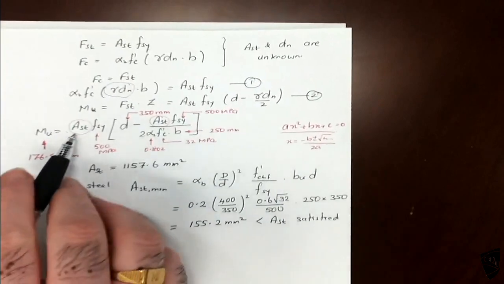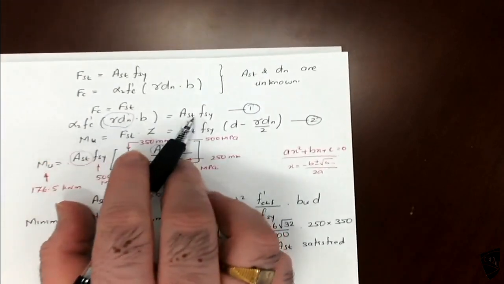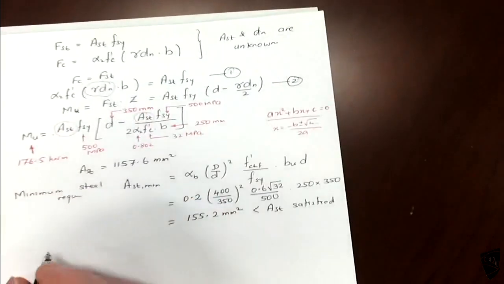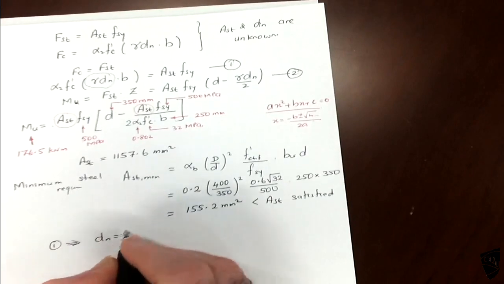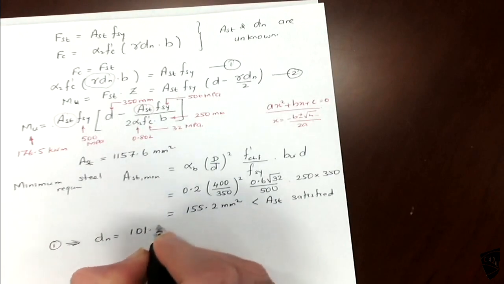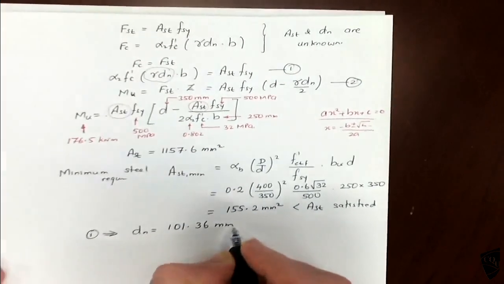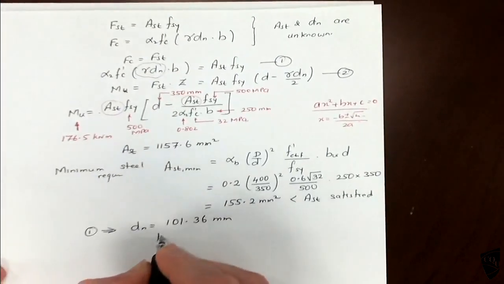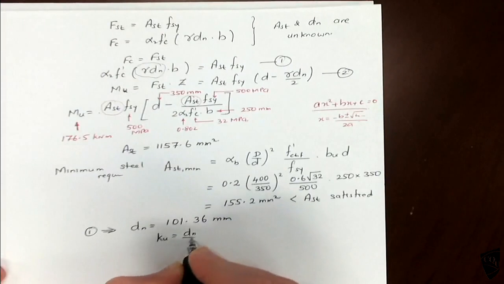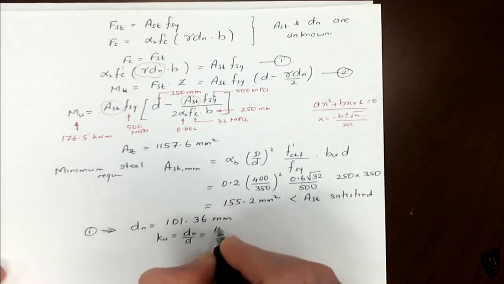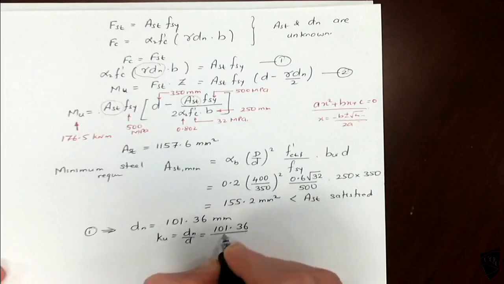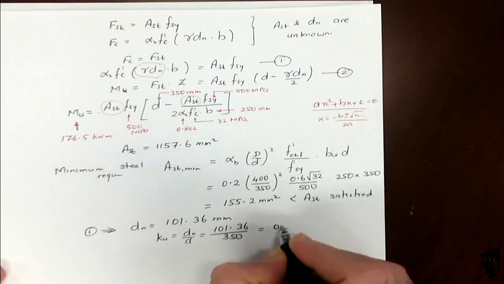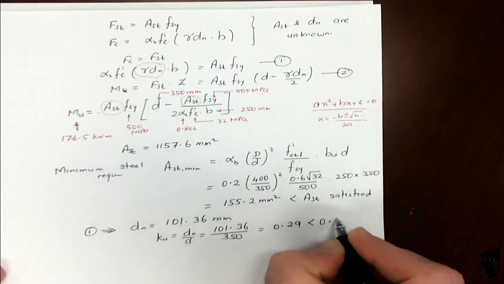If you know the AST, you should be able to substitute here and get the dn, which is equal to 136 millimeter. So I need to check the Ku value. That is also fine.